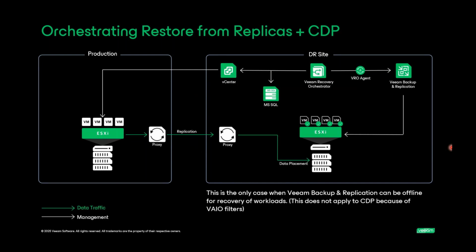And Veeam offers two technologies to enable replication. One is the standard replication, which we call snapshot-based replication, and the other one is CDP, continuous data protection. The difference between the two depends very much on what type of workloads you want to protect.